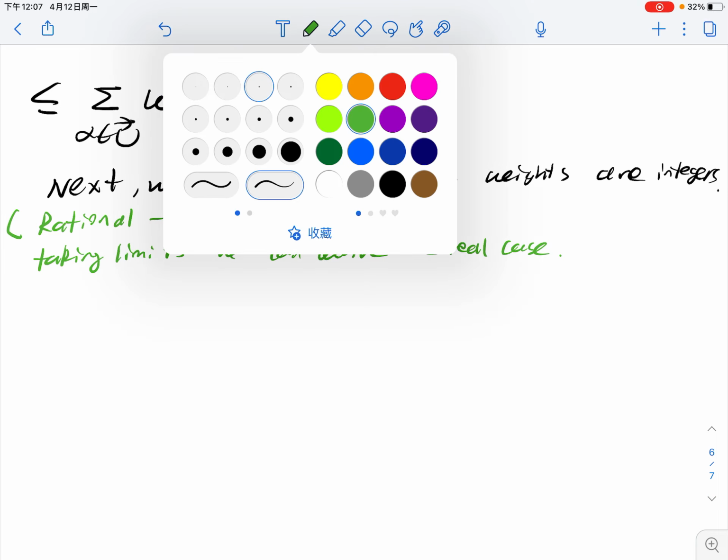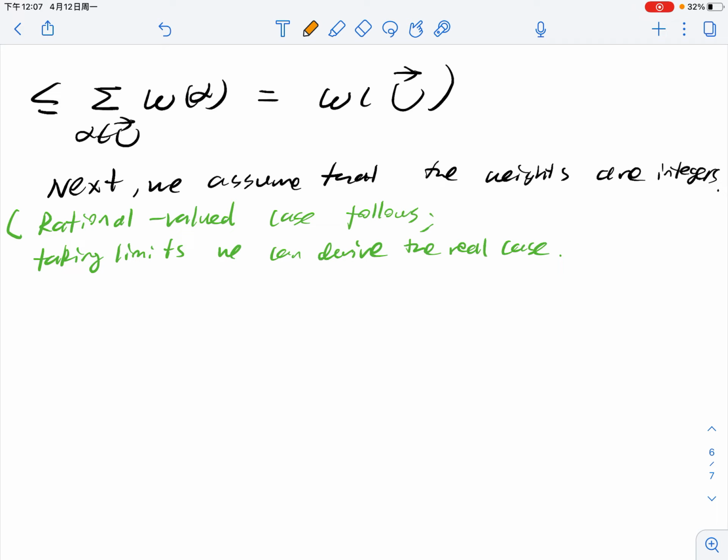So for why the rational case follows, because we can multiply a very large number n to all the weights, so that those weights are integers.